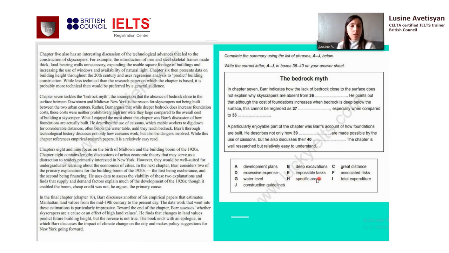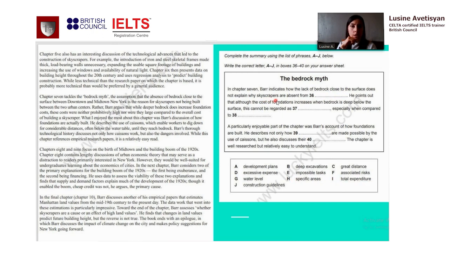Between two urban centers, specific areas, places. I'm keeping this as a potential answer, but I continue reading. Great distance. We speak about being built between the two urban centers, so it's not great distance. Associated risks, total expenditure. So my answer would be H, and then I will read to check.